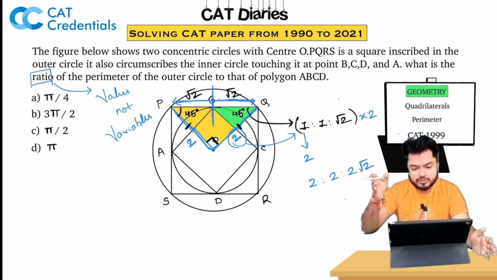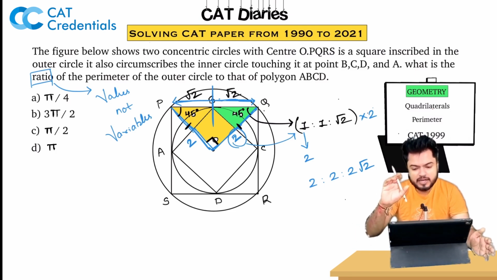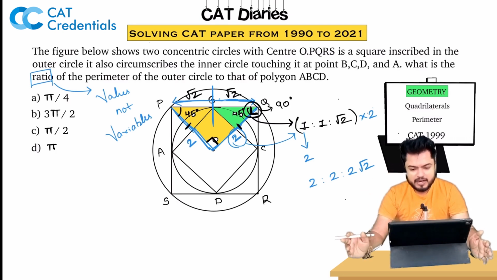Now let's see this green triangle. Can I observe a certain pattern here? In this green triangle, one of the angles would be 90. Consider the half green, and the other green. This is the square, so this angle is 90. I need to find BC. And I know this angle is equal to 90. Can you see a certain property with respect to circles?